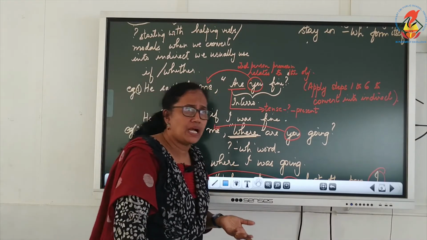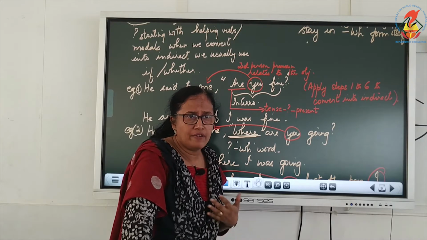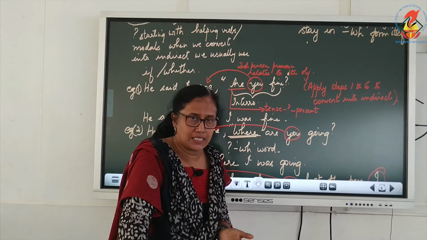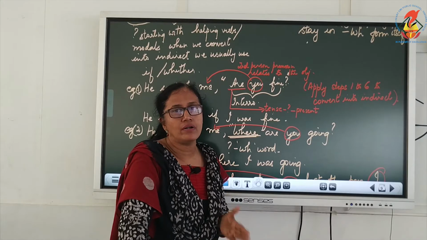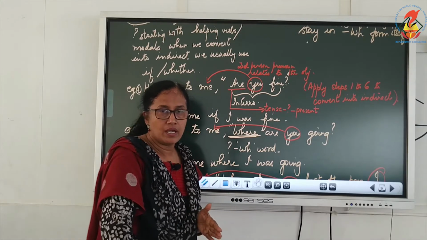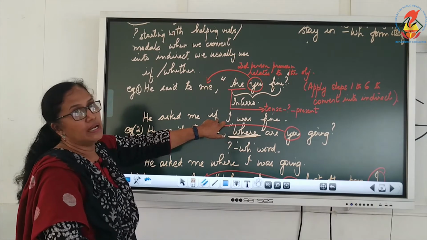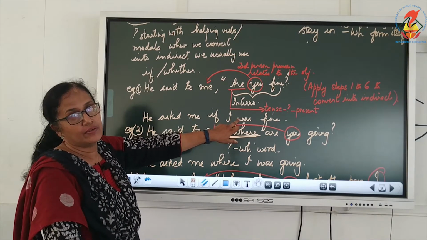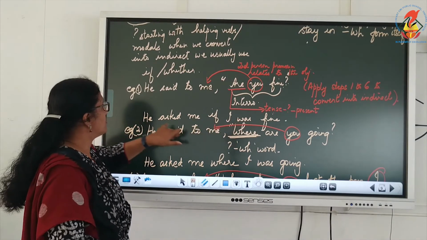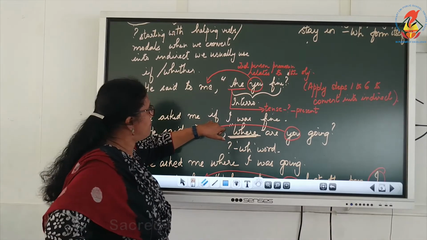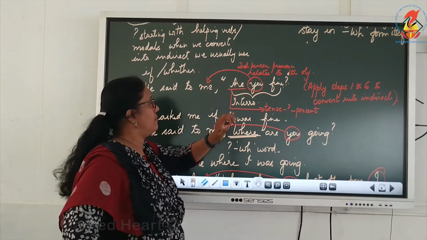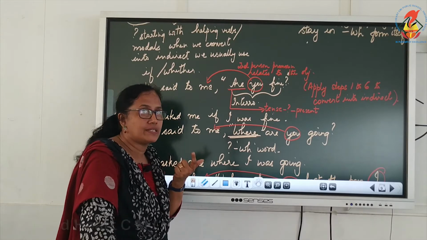Now, if your expected answer is a yes or a no, then you are free to use the word if or whether as the conjunction. So, he asked me if, then what? Now, you have replaced the conjunction. What is your next step?